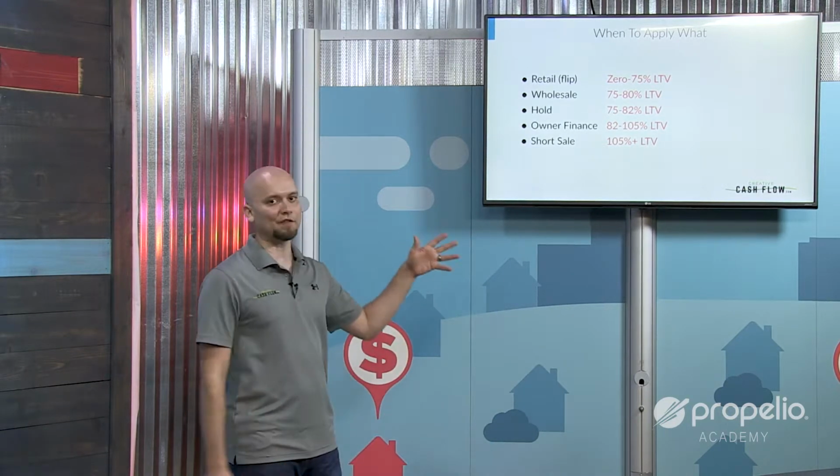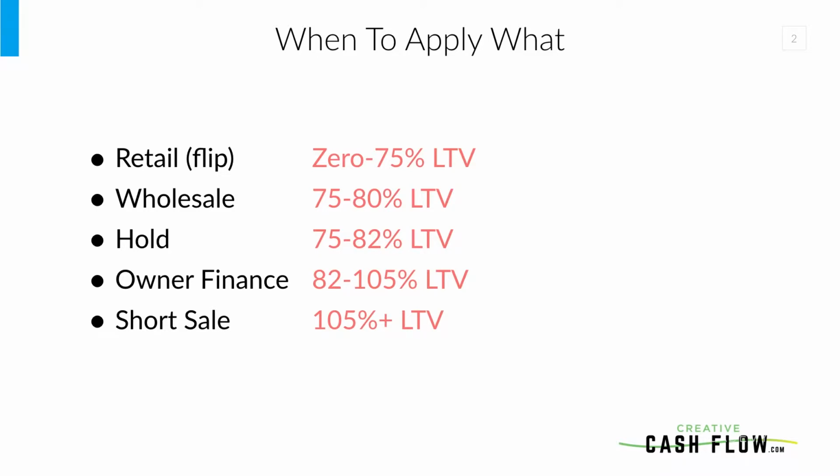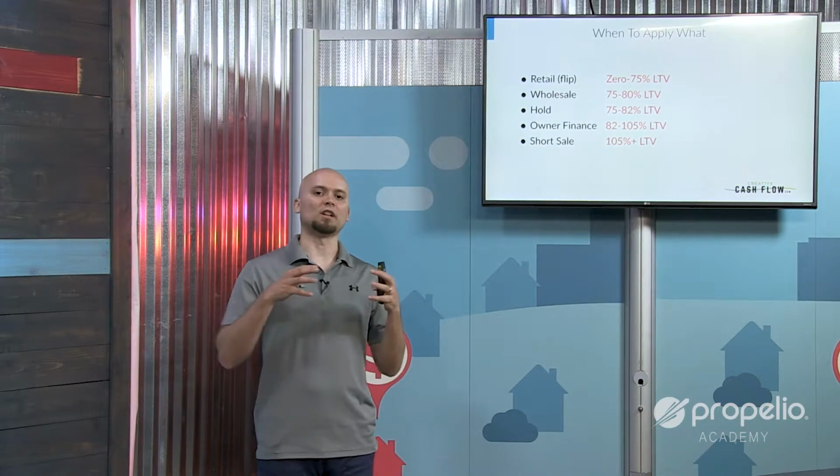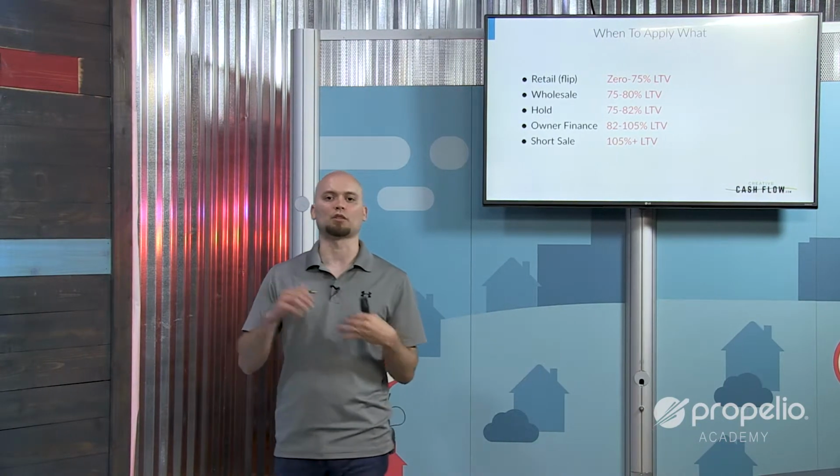So this is the graphic that I've found really helps people understand, and this is how I look at things. Starting from the top, you've got your retail, your fix and flip. That's one of the strategies you can use, and I'm going to use it anytime you've got a 0 to 75% LTV. When I'm talking about LTV, I'm really referring to your basis: the acquisition cost plus the rehab.